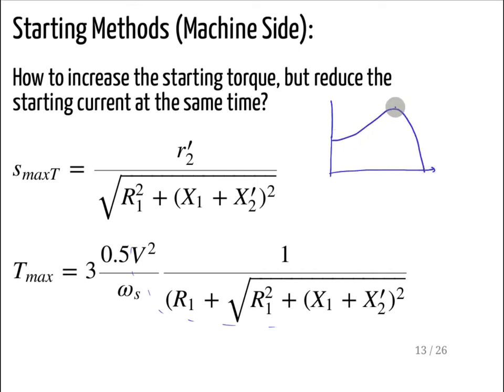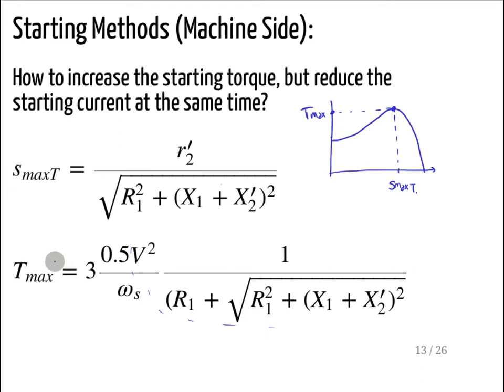We have that kind of torque. So this is the S max T, and this is the T max value that you see here. You don't have to memorize that equation, but you want to understand it.